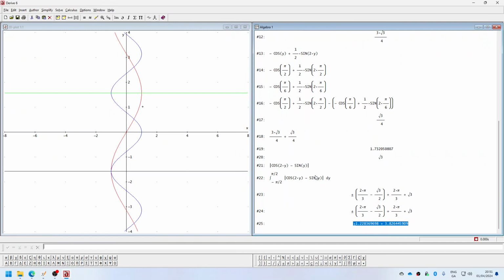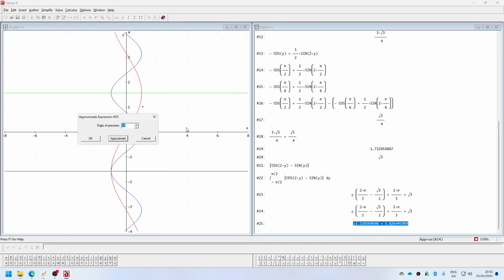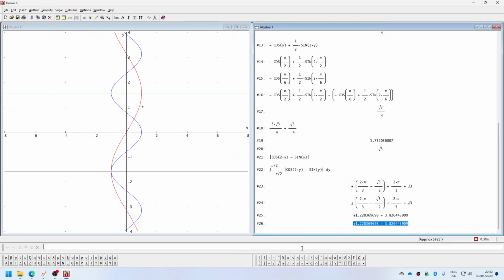Oh, it's a bit confused about the absolute. I'm not sure why it is. Because it's giving me a plus minus answer. That's very weird, actually.